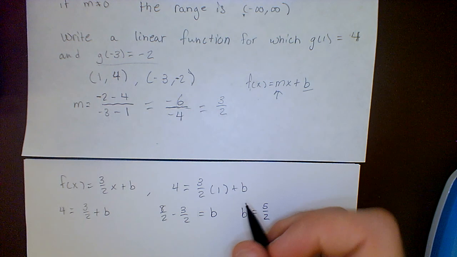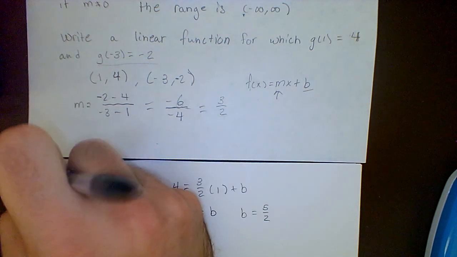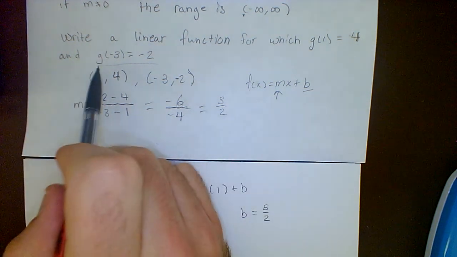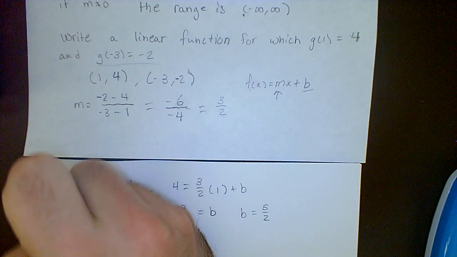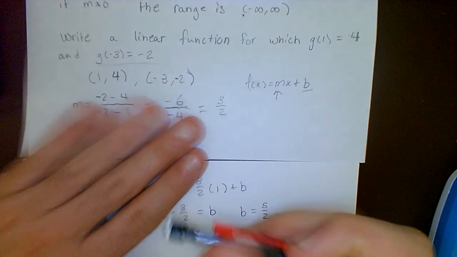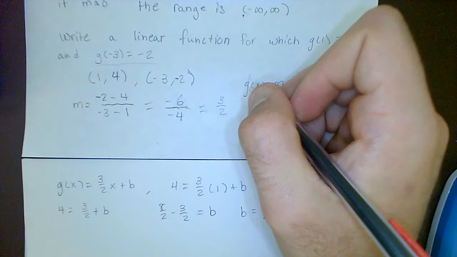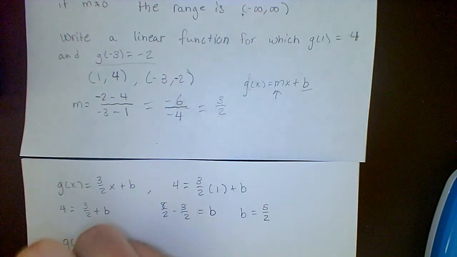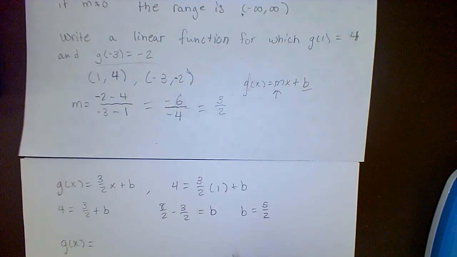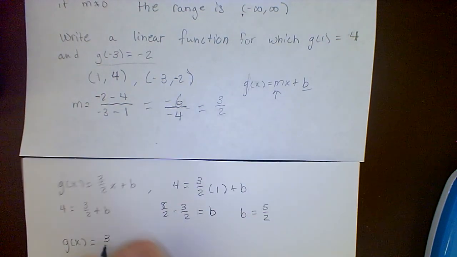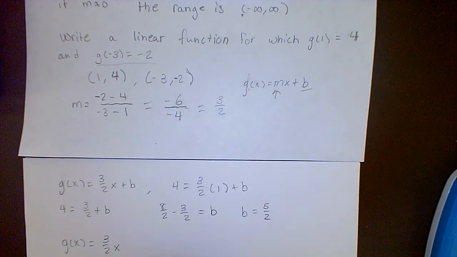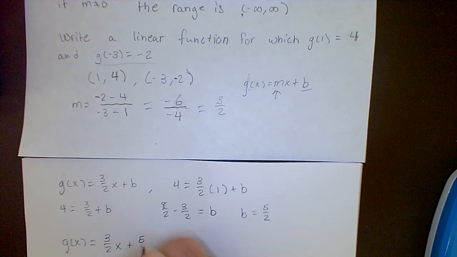Now finally we can write, oh sorry, they were calling this g, not f, so I should have written g here and here. So g of x is equal to 3 halves x plus 5 halves.